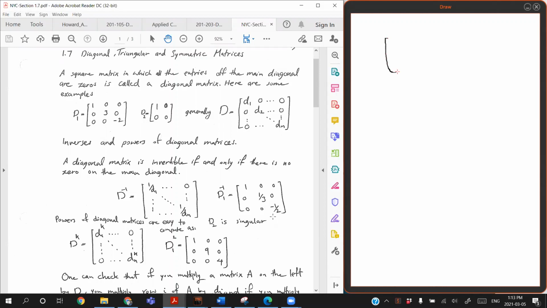Another example, if I have 5, 0, 0, 0, 2, 0, 0, 0, -7, then if this is my diagonal matrix, first of all, this is invertible because there are no zeros on the main diagonal. And what would be the inverse? 1/5, 0, 0, 0, 1/2, 0, and finally 0, 0, -1/7, and that's it.